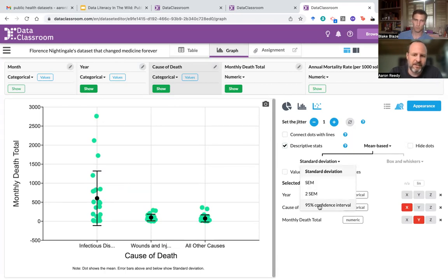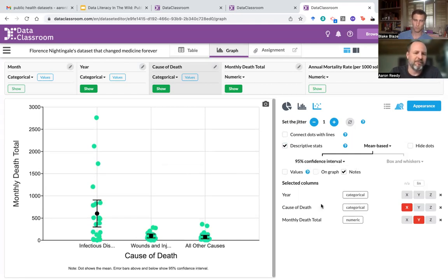We could also look at, instead of using standard deviation for error bars, 95% confidence intervals, and see that it looks like clearly the mean value, even when taking into account how much confidence we have where that true mean would lie, infectious disease is quite a bit higher as a cause of death than when comparing to the other two.